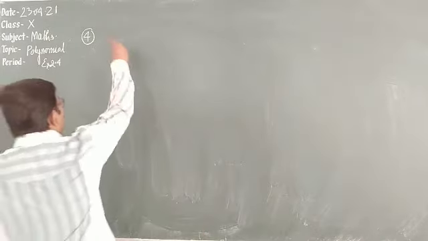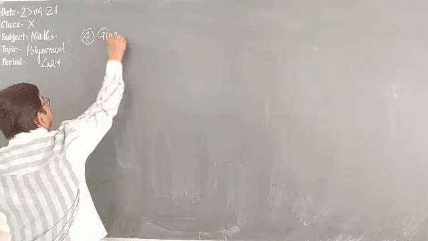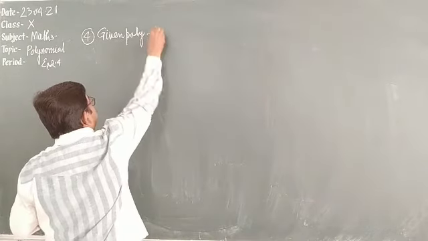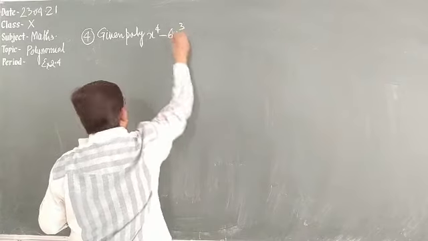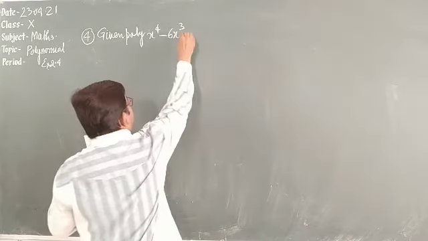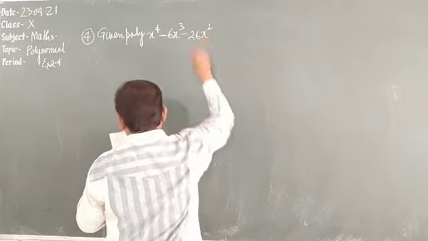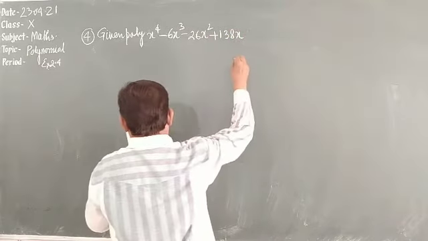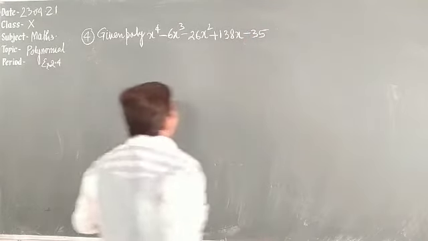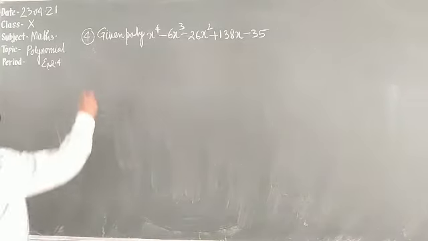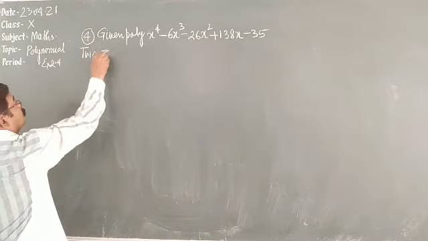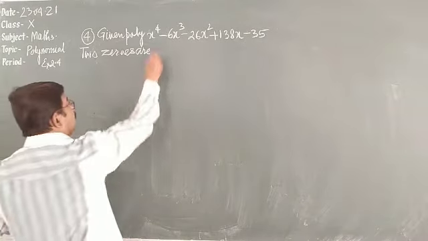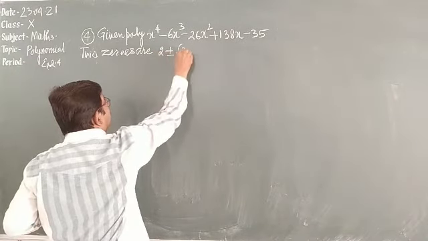See what is given. Given polynomial is x to the power 4 minus 6x cube minus 26x square plus 138x minus 35, and two zeros are given, 2 plus minus root 3.